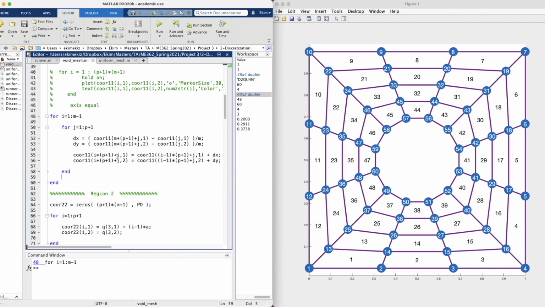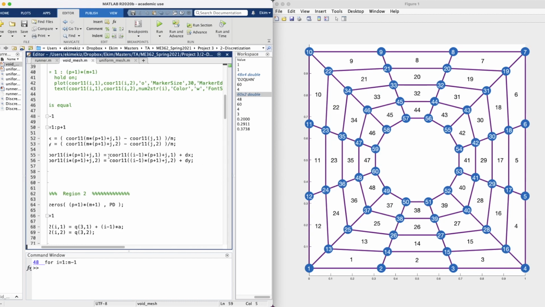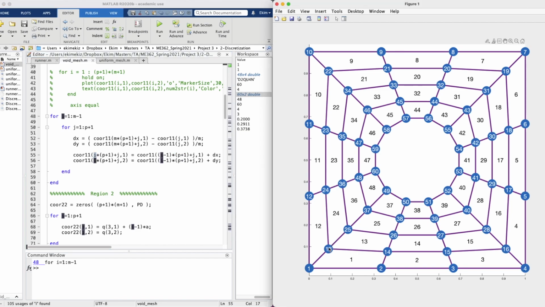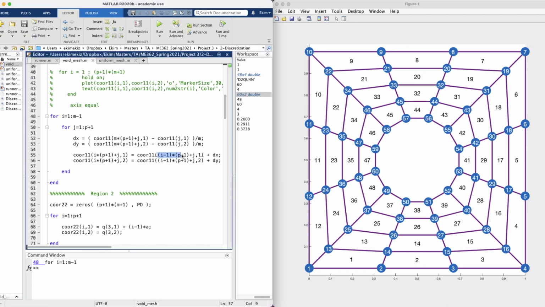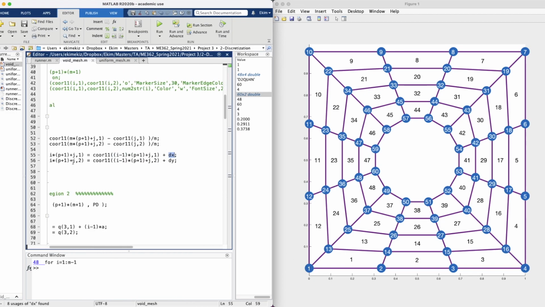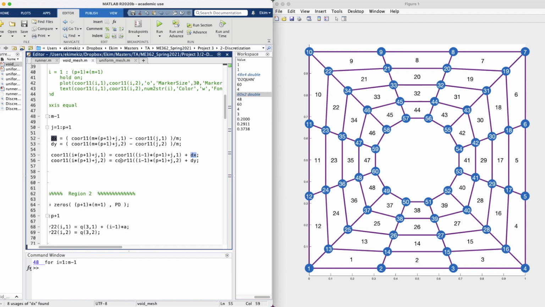That node is equal to the node on the previous row. So i minus 1 times p plus j, and p plus 1. So if i is 1 and j is 1, we are looking at this node, and this thing is this node, right? Plus dx. And then similarly, again the same node, plus dy for the y coordinate.